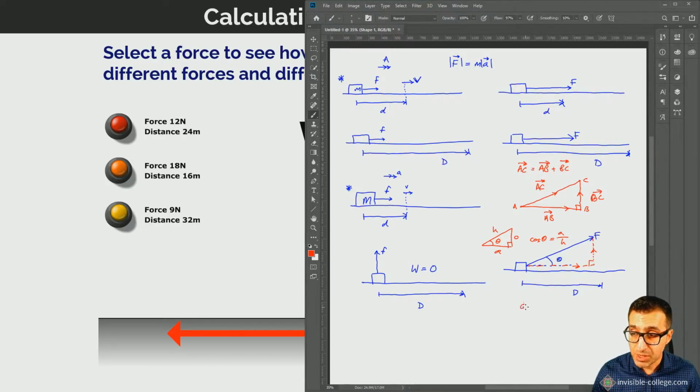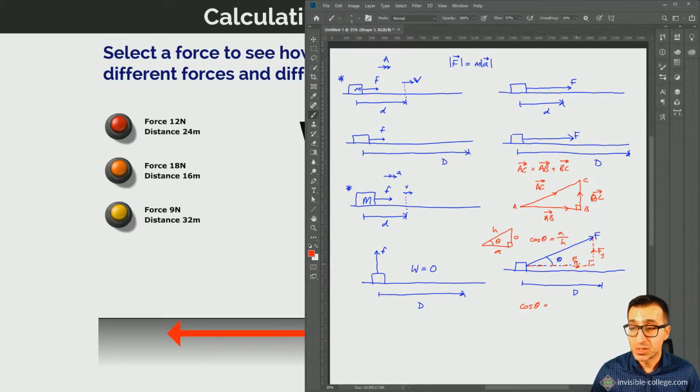So we can write this expression: cosine of theta is equal to the horizontal component, which we'll call f sub x. This is the component of the force vector which acts along the horizontal. This is the component which acts along the vertical. Let's call it f sub y. But this component which pulls upwards on this object is irrelevant to this problem because it contributes no work.